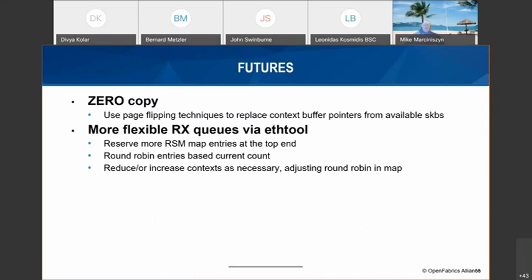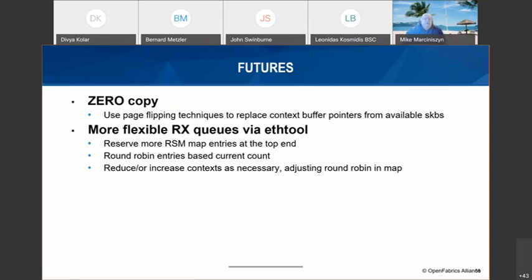We're also looking at a more flexible way to add RxQs, as I mentioned in the prior slide. We currently have 8 RxQs and it's hard-coded. To implement this, we're going to reserve some more map entries at the top end, and then round robin those entries on the receive context based on the current count.